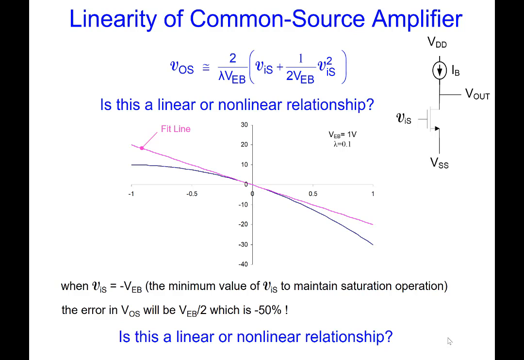So here's a plot of the output characteristics of the common source amplifier. We see that as the input voltage changes, the output voltage varies non-linearly. Here's a fit line.